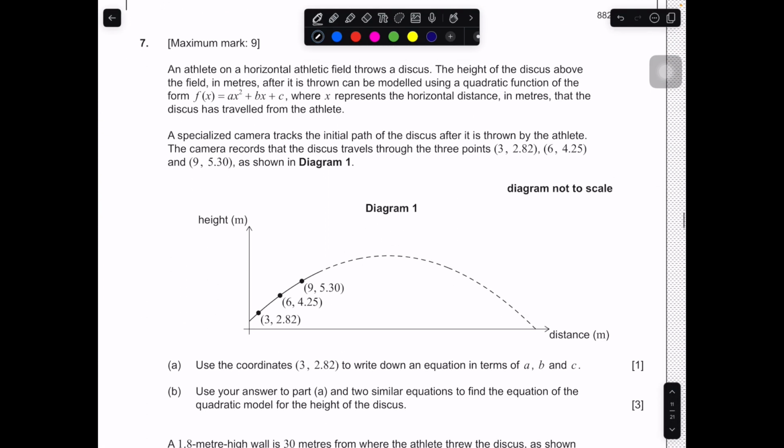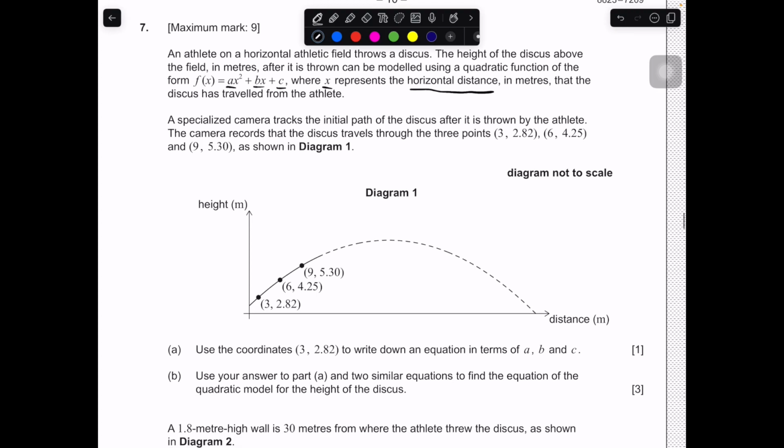All right, let's go on and look at question 7. An athlete on a horizontal athletic field throws a discus. The height of the discus above the field in meters after it is thrown can be modeled using a quadratic function of the form f of x is equal to ax squared plus bx plus c, where x represents the horizontal distance in meters that the discus has traveled from the athlete.